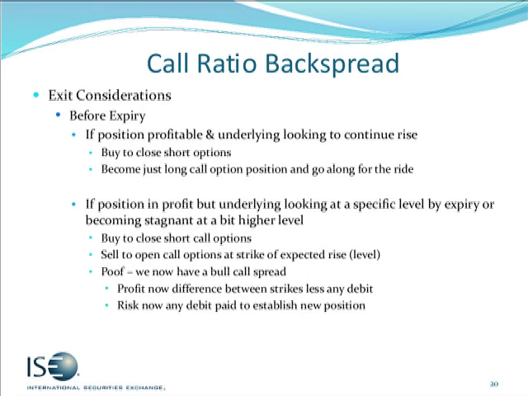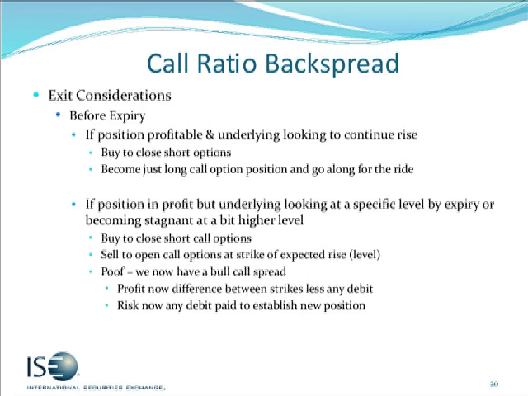If the position has a profit, and the underlying is now starting to look like it will stay at a specific level by expiration, or we're looking at resistance in an area, or it's becoming stagnant and not making any significant moves off the current level or maybe a bit higher, then once again, buy to close the short call option and sell to open the call option at the strike price of an expected rise. Where do we think it's going to be?